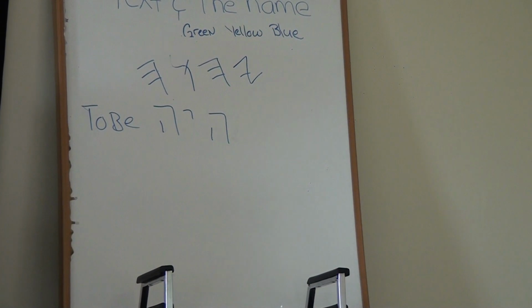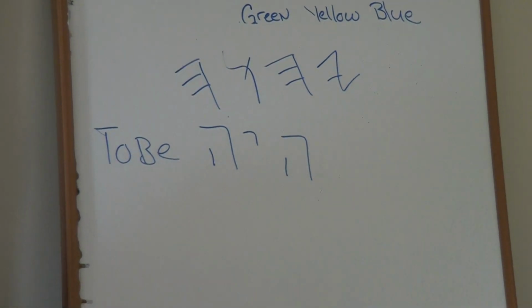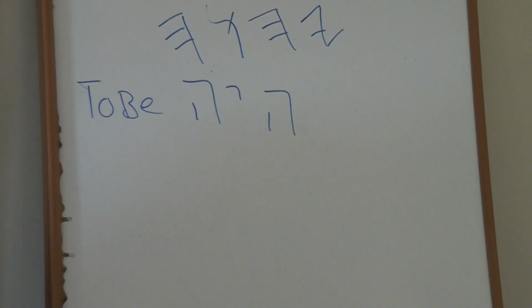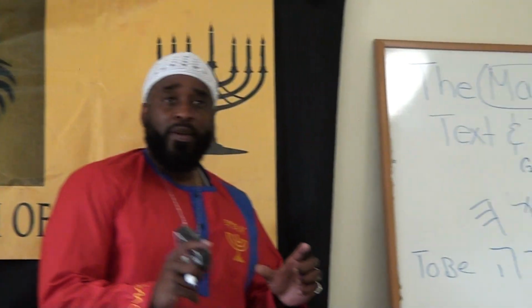Now, this is what the Strong's Concordance has, and it's actually in the Theological Wordbook number, let me make sure I got the number correct, I think it's 438. Now, this is real easy.